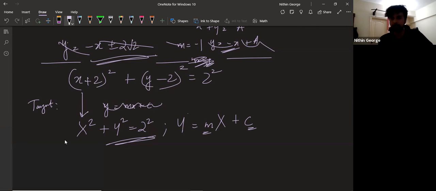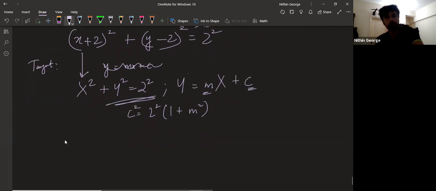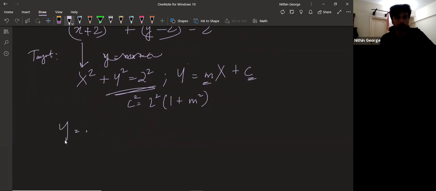So here, what will the equation become? We know that c square equal to a square into 1 plus m square. So our equation becomes y equal to mx plus or minus 2 into root 1 plus m square. And we know m is equal to -1 here.